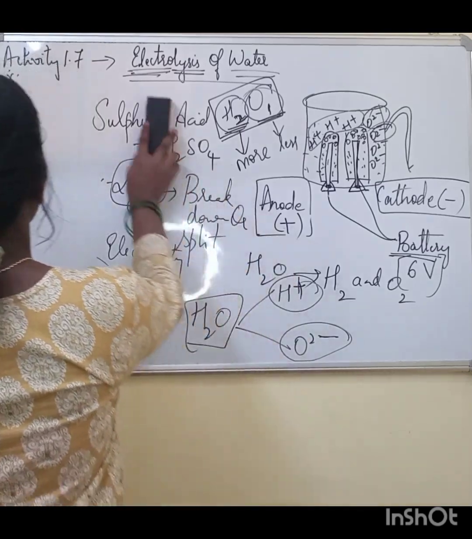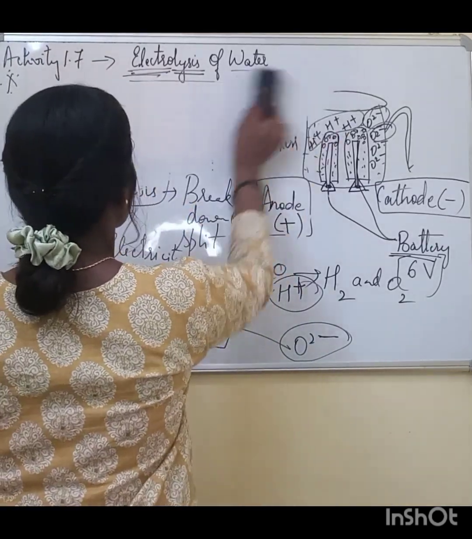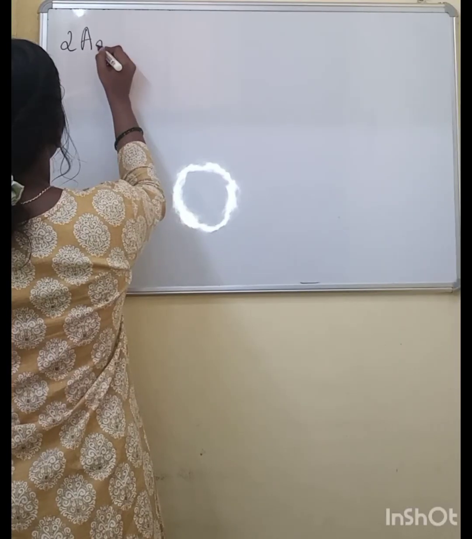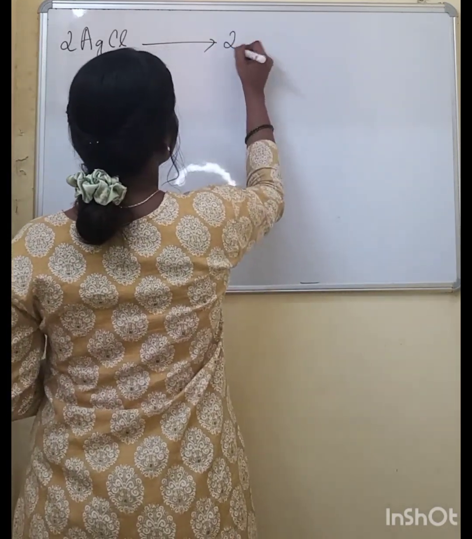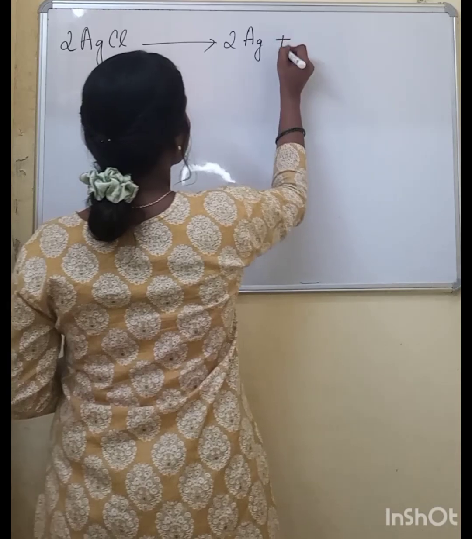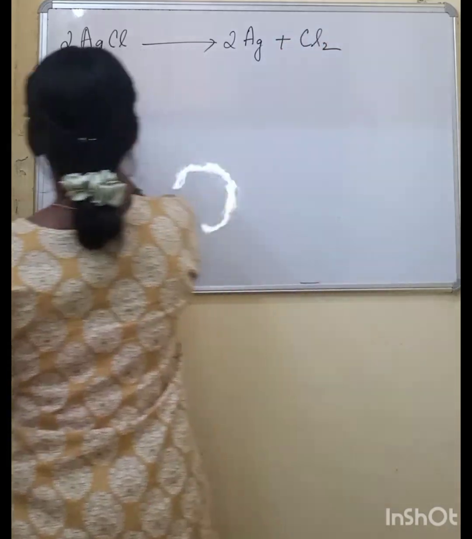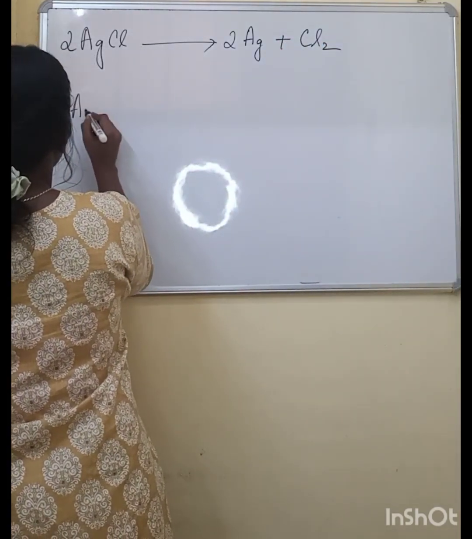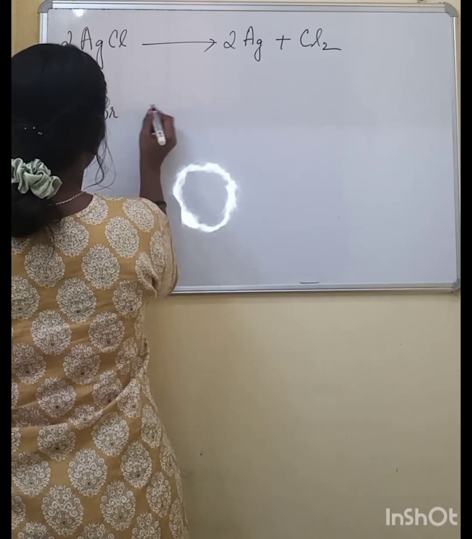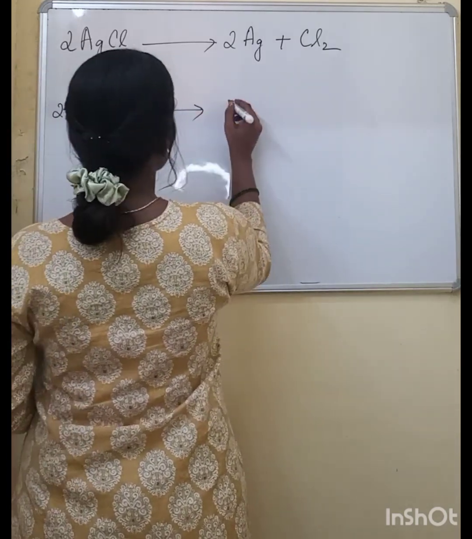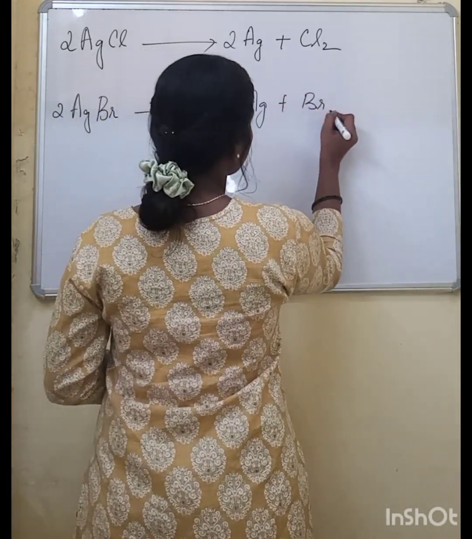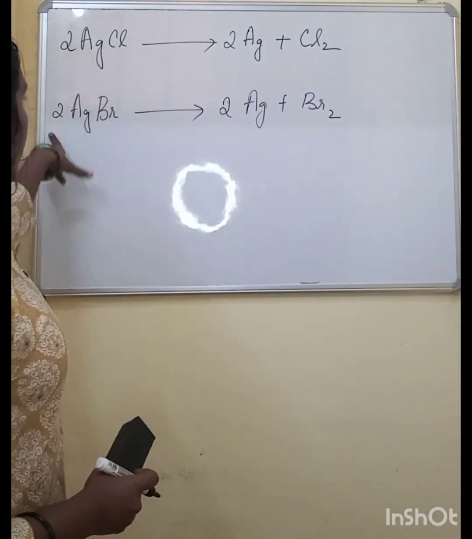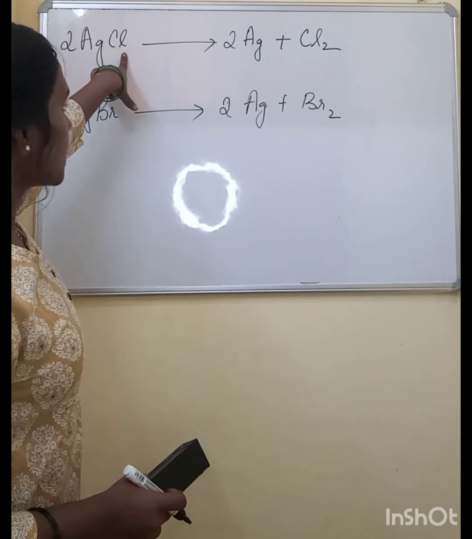So now let me tell you another example under decomposition reaction. So these are the two reactions. Ag is silver, Cl is chlorine.